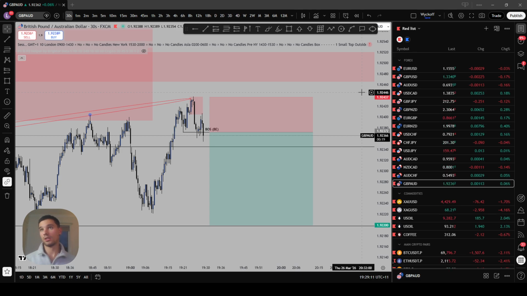Here we go, we could have a potential entry. Also have to be wary of spreads here. We have closed below.